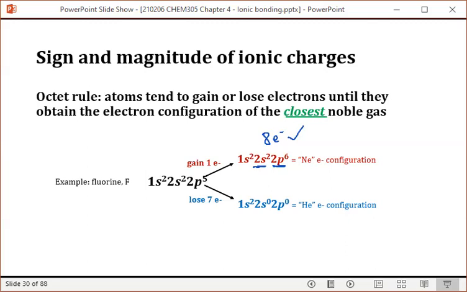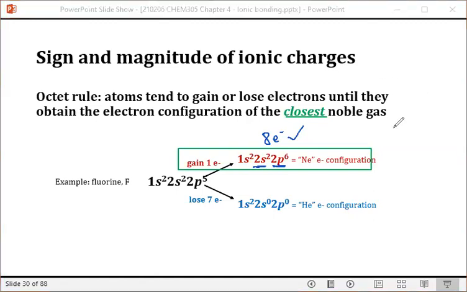Its highest energy shell, the 1s shell, is completely filled with 2 electrons, but it's not as likely to do that as it is to just gain 1 electron. The fastest, most direct way to get to a full octet is to gain 1 electron rather than lose 7. And so because of that, fluorine tends to make ions with a 1- charge, F-, because fluorine tends to gain 1 electron to get to a full octet.